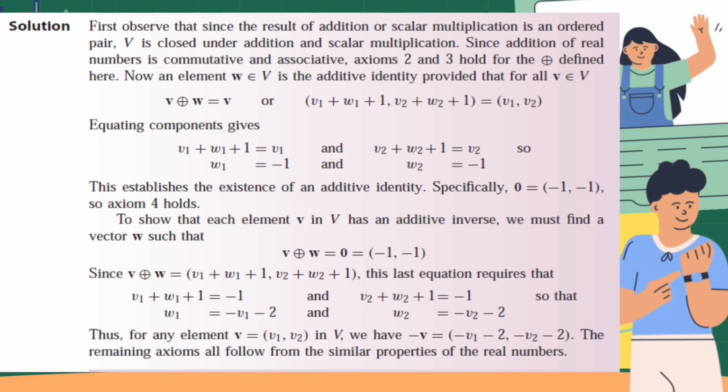Therefore, the zero vector is (negative 1, negative 1). For the additive inverse, solving for v plus w equal to (negative 1, negative 1), it gives w equal to (negative v1 minus 2, negative v2 minus 2). So all axioms hold. This unusual definition actually produces a valid vector space.